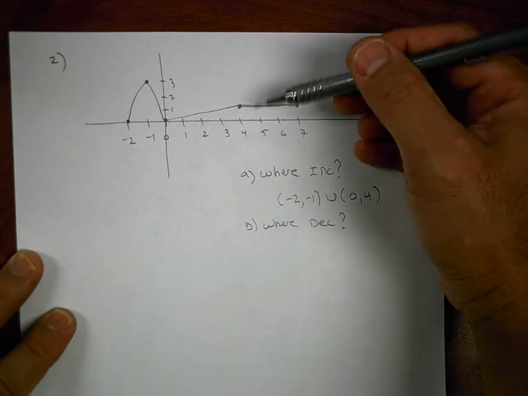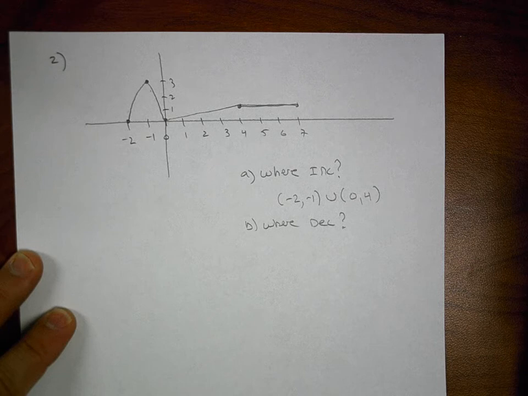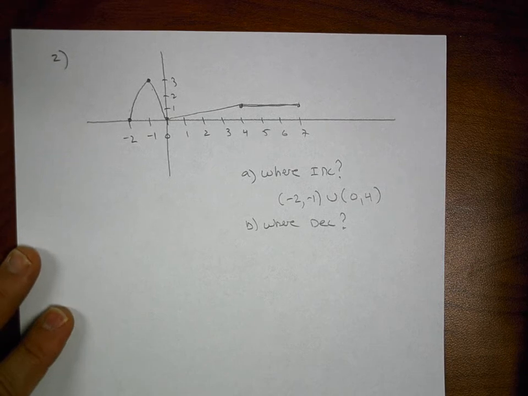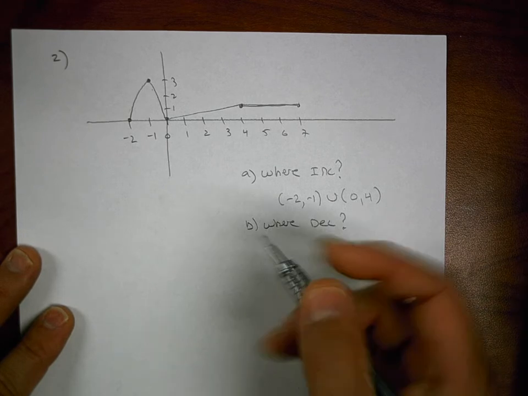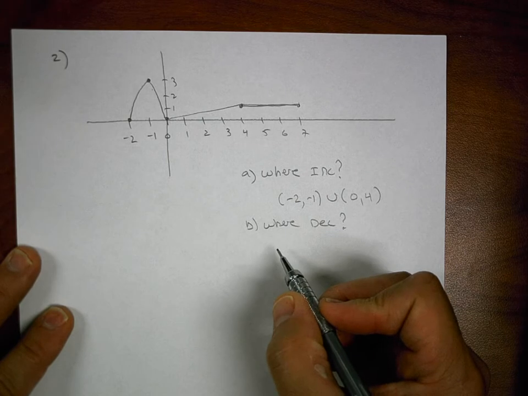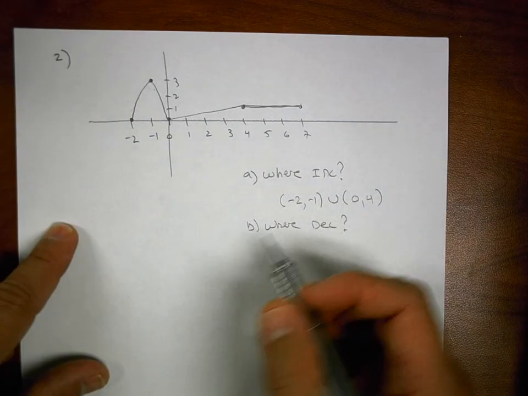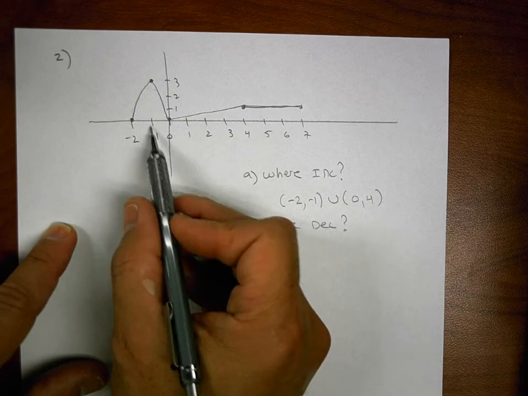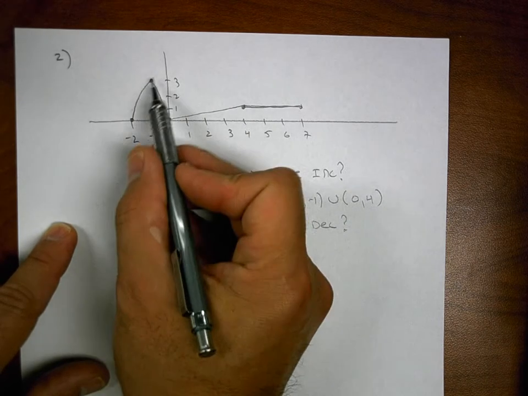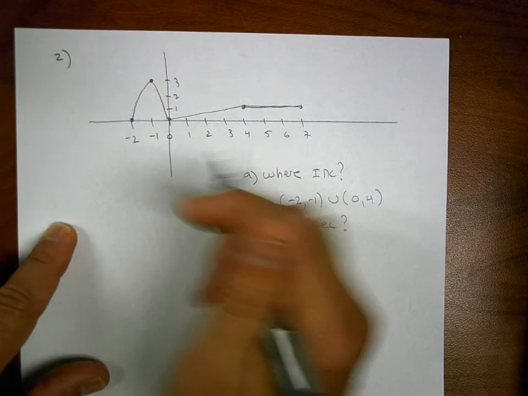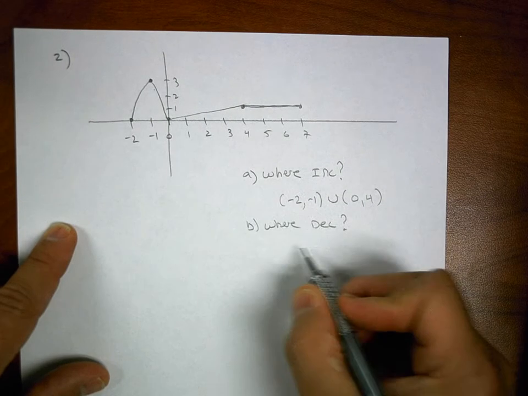Max, where would you describe this graph as decreasing from? Negative 1 to 0. That's where it's dropping. Always left to right, so that's where it's dropping. So good. Negative 1 to 0.